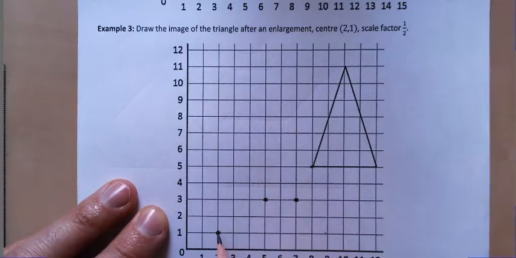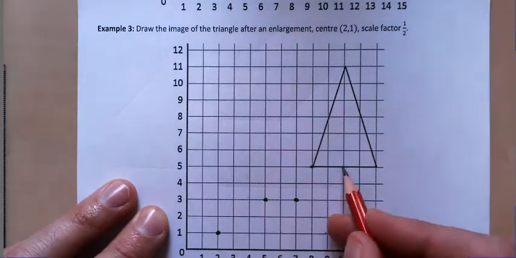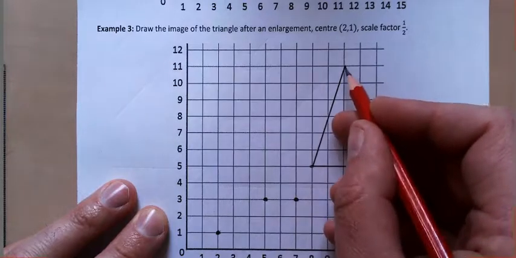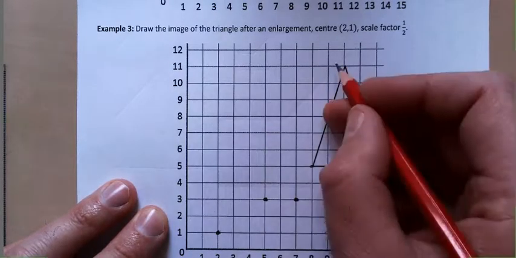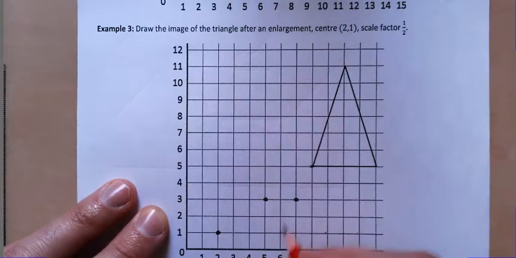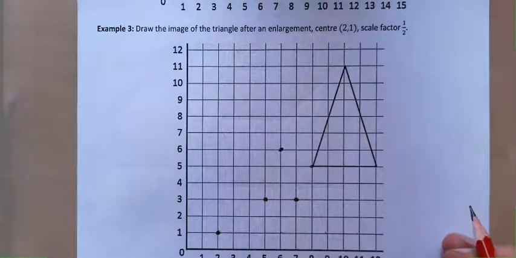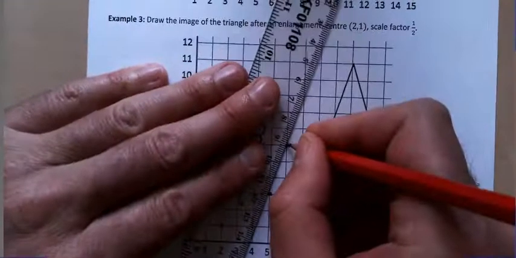Okay, bit of counting, and then in this one, 1, 2, 3, 4, 5, 6, 7, 8 across, and then 1, 2, 3, 4, 5, 6, 7, 8, 9, 10. So 8 across and 10 up is going to be 4 across and 5 up. And that should be my new triangle.